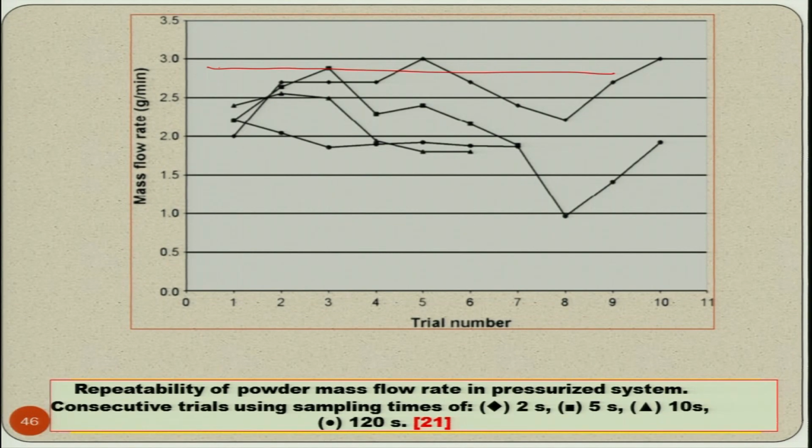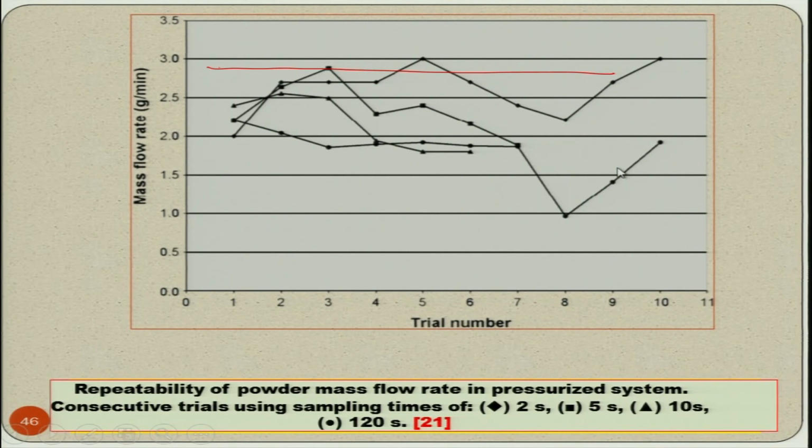But you can see all the 4 curves like this curve. Now, in different trials, in this particular trial it has the minimum mass flow rate, in the first trial it has the maximum mass flow rate, and if you see this particular one, this is varying like this and having a minimum in the 8th trial and then increasing, and here also it is having a minimum and then increasing.